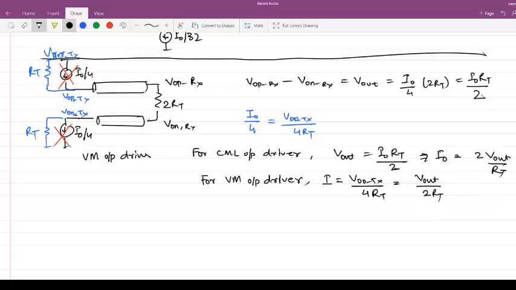This is just a resistive division. So the current for the voltage mode output driver is V out by 2 RT, and the current for the current mode output driver is 2 V out by RT.